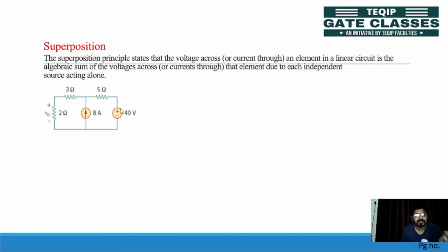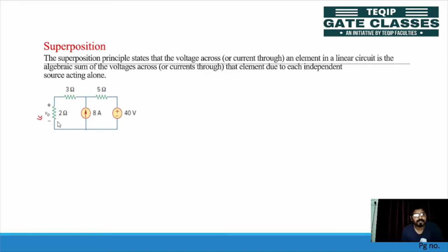So let's understand with this example. Suppose in this example we want this V0, the voltage across this 2 ohm resistor, using the superposition theorem. We'll take one source at a time and find the voltage across this 2 ohm resistance.